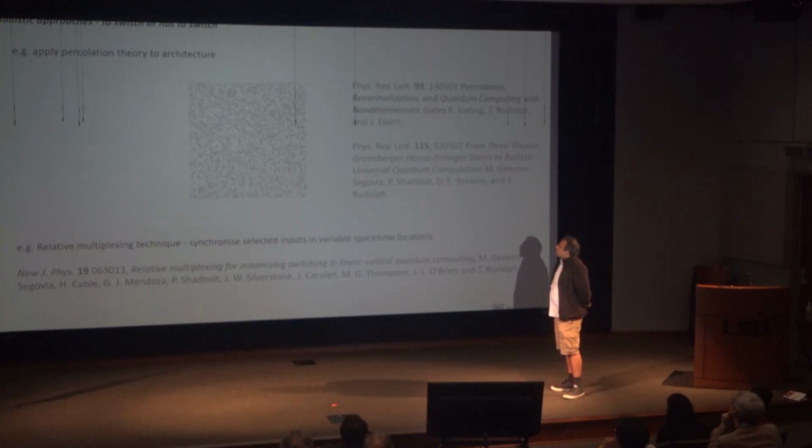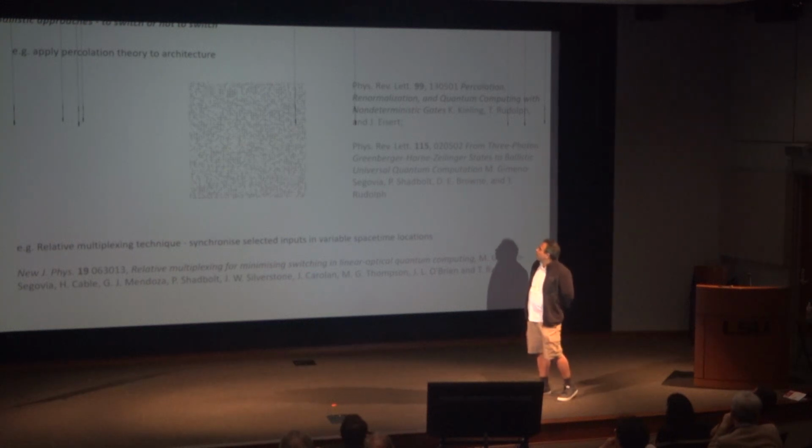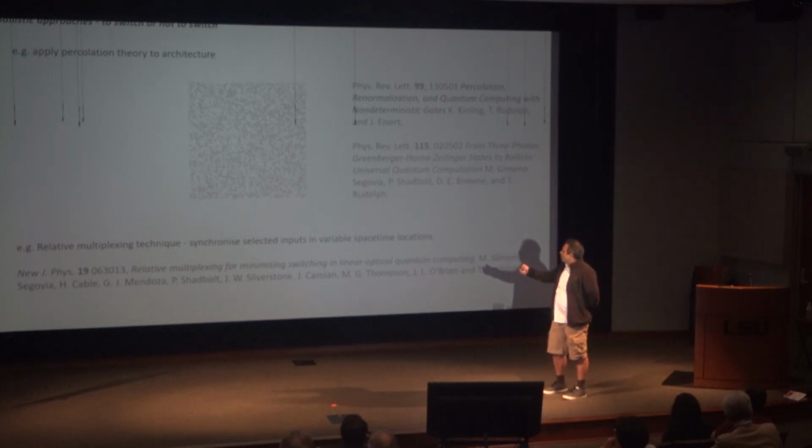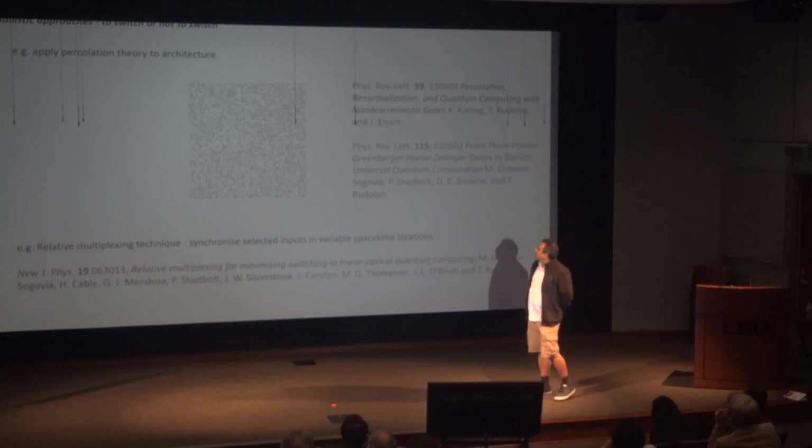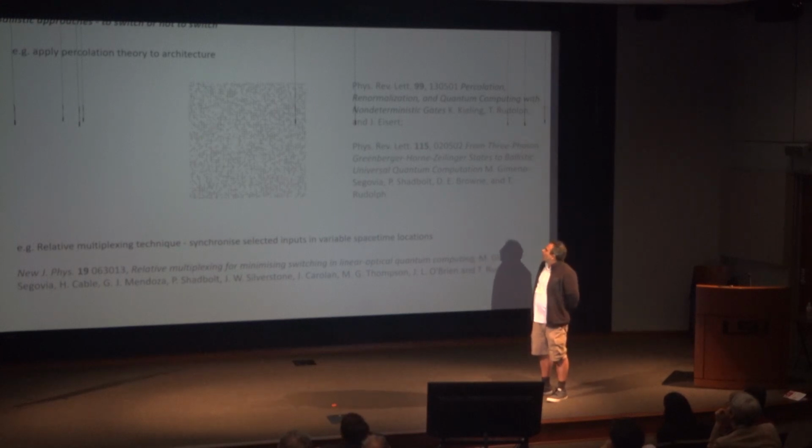Another idea that gained a lot of traction was applying ideas from percolation theory that are familiar from pure maths and condensed matter physics. Up here I have a picture of a random grid graph, and the edges are generated probabilistically.